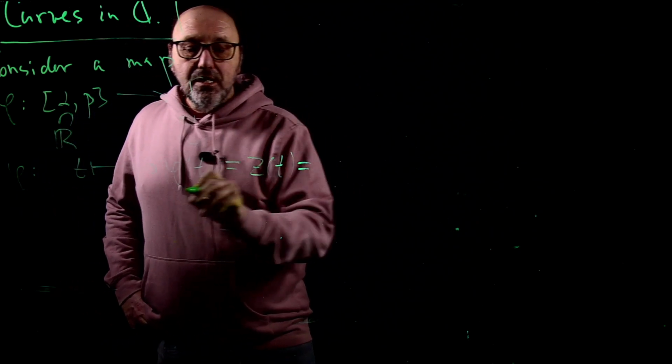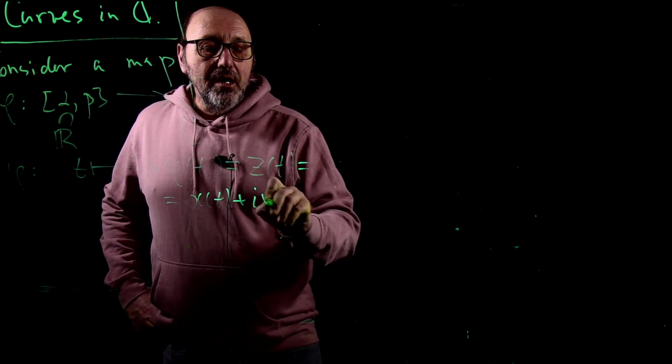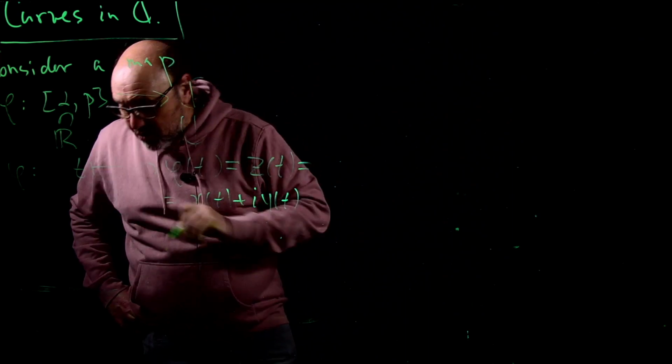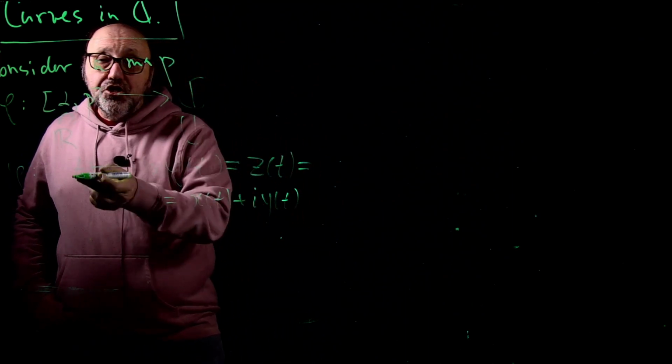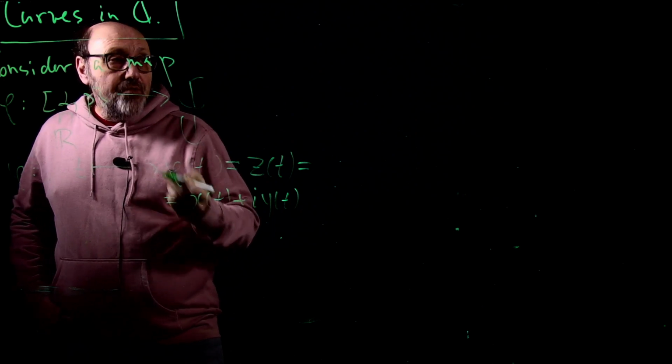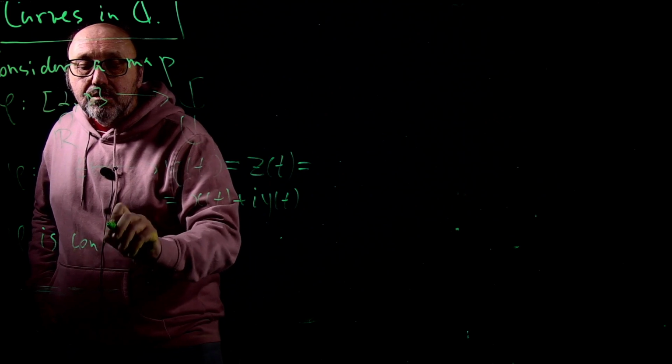So that is, you can view it as x of t plus i y of t, right? Such a map is called a curve. It is continuous. So phi is continuous.